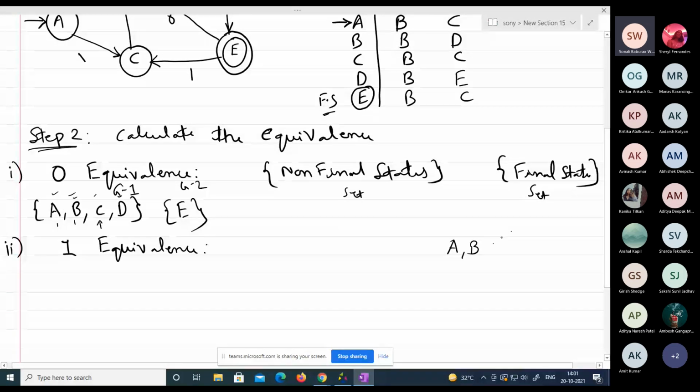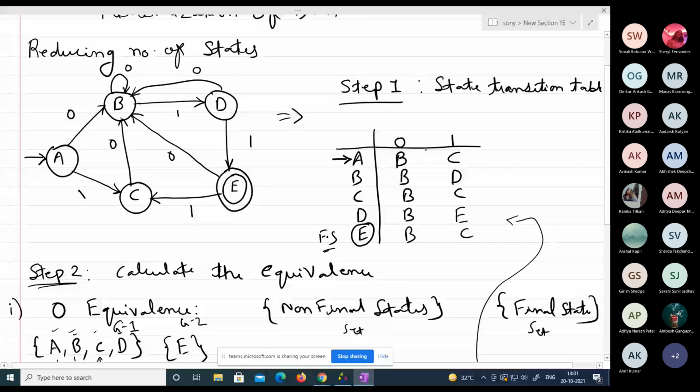Now I have to look into the state transition table, and I have to write down all the values that A and B give. This arrow means A is the start state. There are 2 inputs, right? 0 and 1. So A should give some value on 0 and also some value on 1.